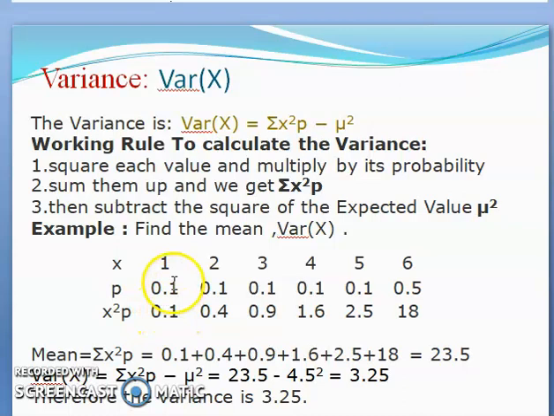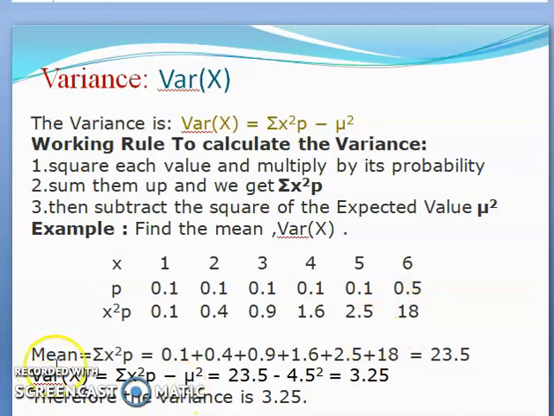X squared times p means first we square the value of x individually and then multiply by its probability. 2 squared is 4, 4 times 0.1 is 0.4. 3 squared is 9, times 0.1 is 0.9. 4 squared is 16, 16 times 0.1 is 1.6. 25 times 0.1 is 2.5. And 6 squared is 36, 36 times 0.5 is 18.